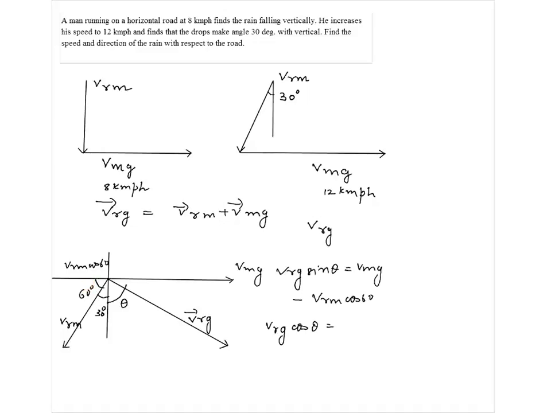Because we are equating the components of the vectors, left side and right side. How do you find the component of this vector on this direction? VMG is fully on this direction, so that you are copying. How about VRM? Won't you find its component in this direction? So we are finding VRM's component in this direction. That's why this is 60, so VRM cos 60 is this.